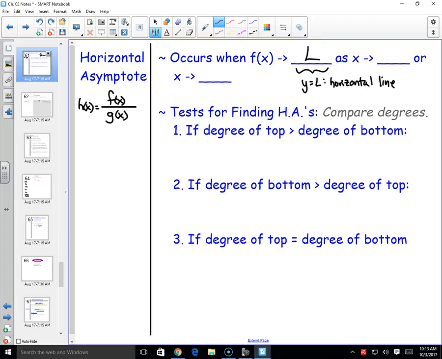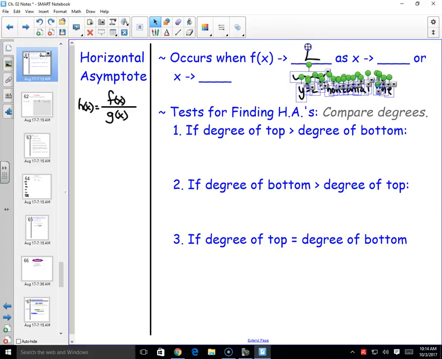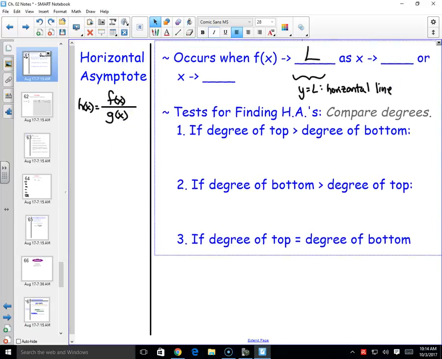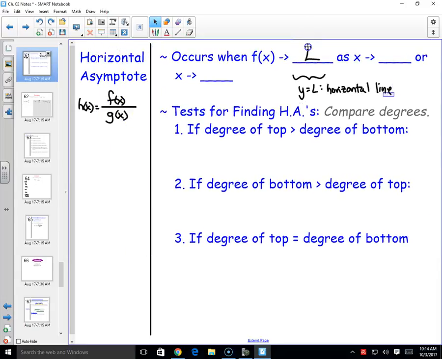When the y values approach a constant, aka y equals constant, aka a horizontal line, f of x approaches a constant or horizontal line as, now here's where we have to review some notation.